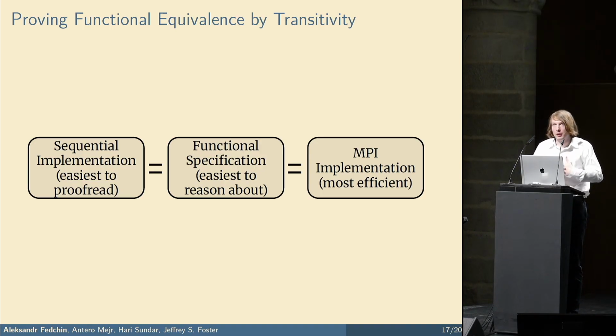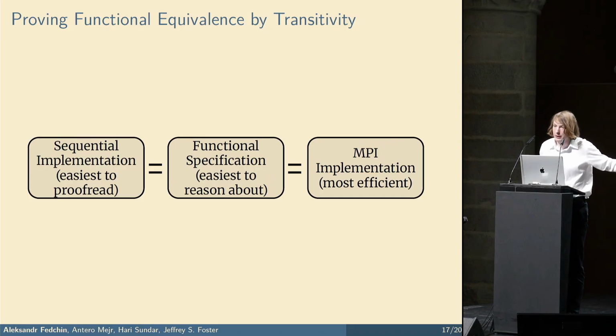Aside from implementing these PDE solvers using MPI, we also implement sequential versions of these, and we prove them to be functionally equivalent through bitransitivity with a functional specification, right? The idea is that you write the sequential implementation, and that is the one that's easiest to proofread.